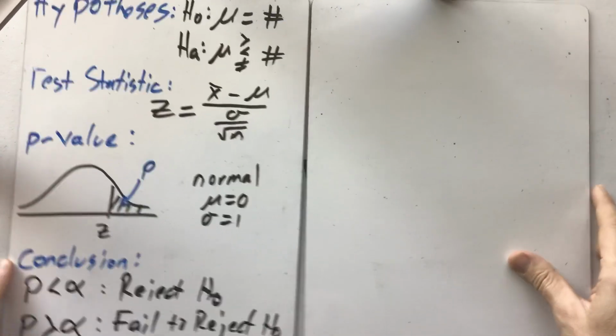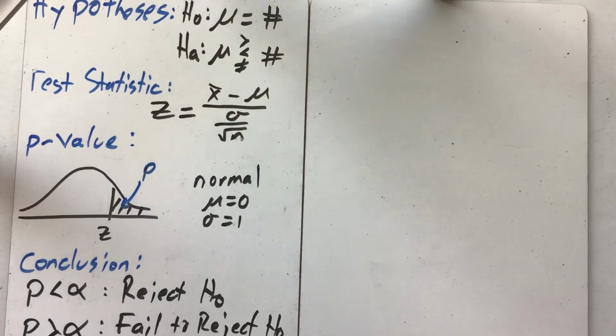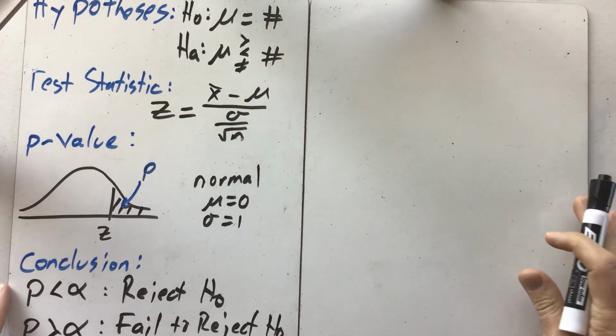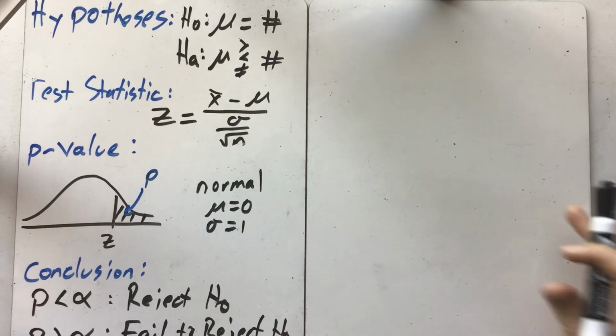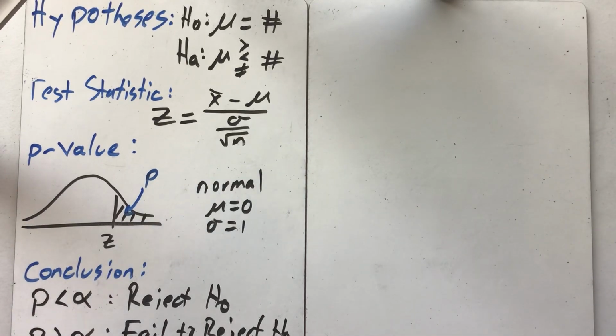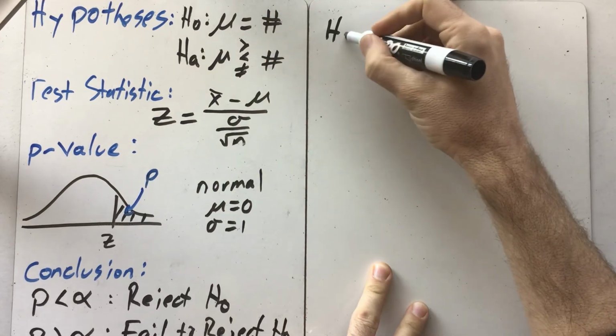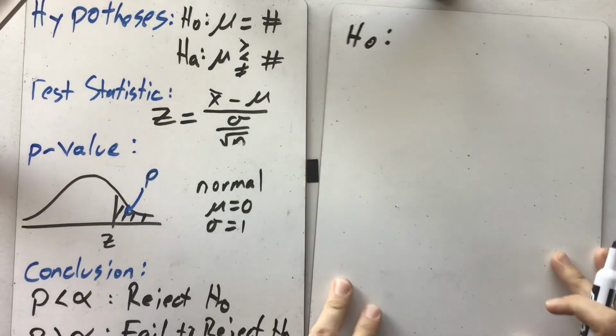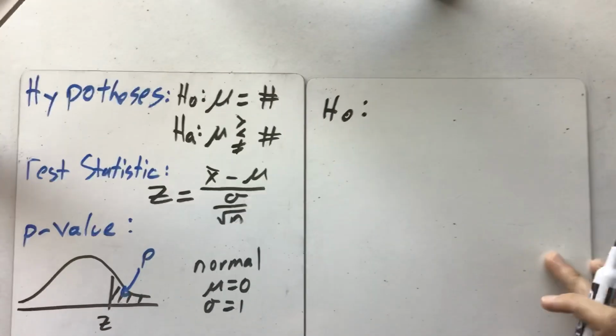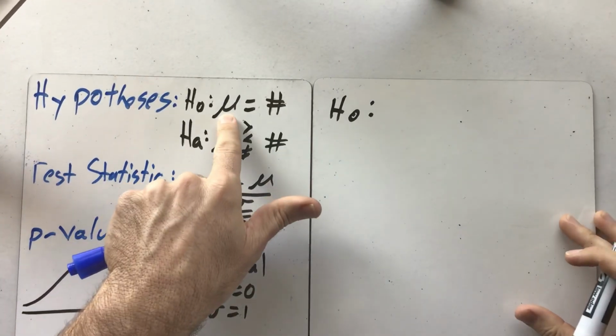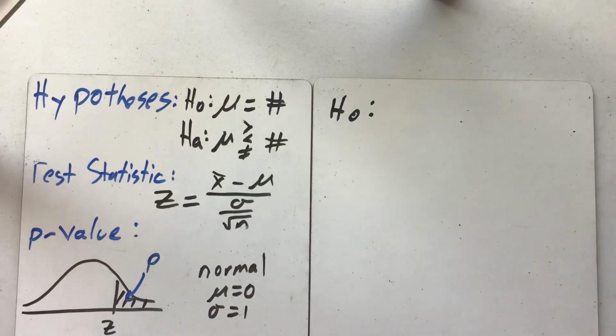Today we're going to look at what happens when we have two samples. A lot of these things will stay almost the same, but they'll change just a little bit. Now instead of having just one mu equal to a number, we have two.